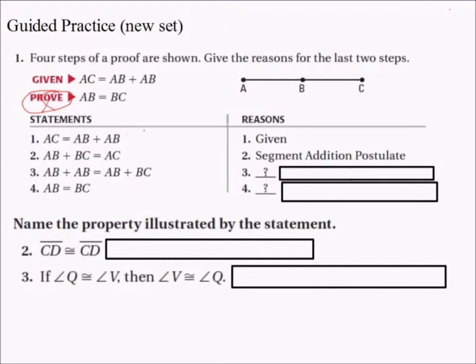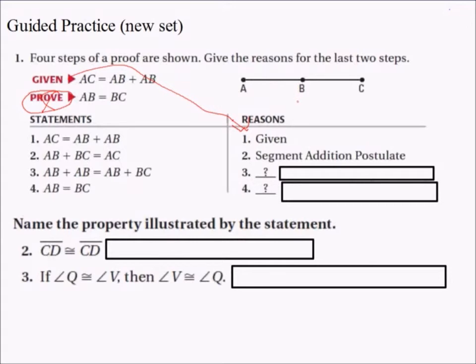So let's see. Why can I say AC equals AB plus AB? I give that to you. So that's given. Let's kind of do a little arrow right here. Be real obvious about it. Let's see. AB plus BC equals AC. Look at your picture. AB plus BC equals AC.